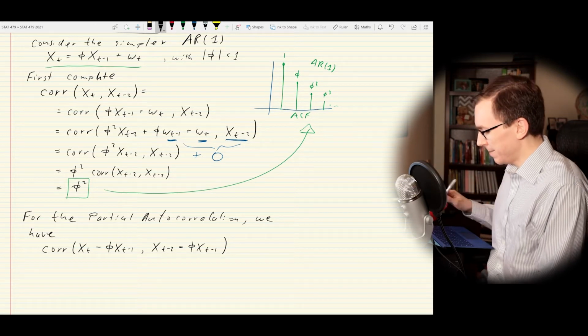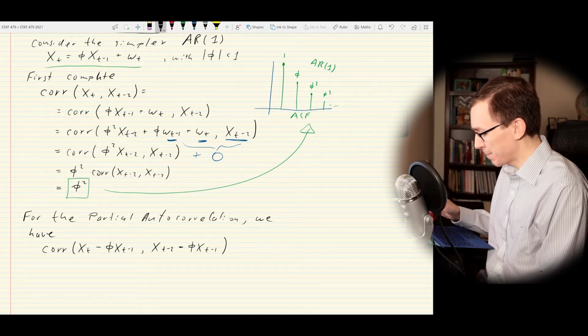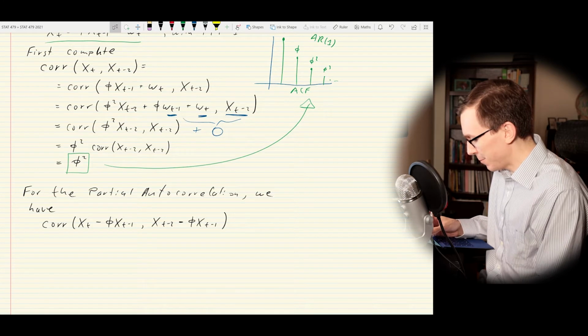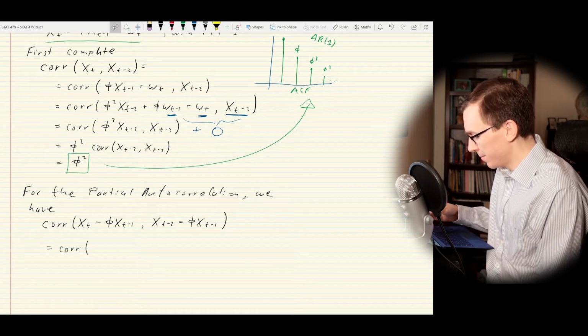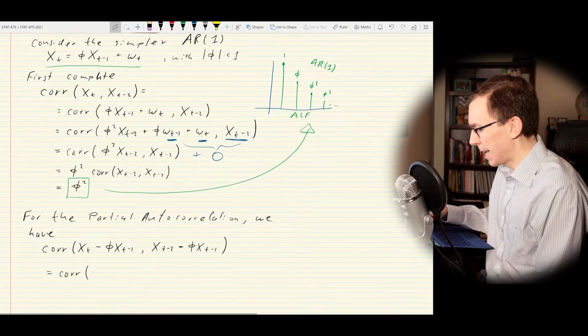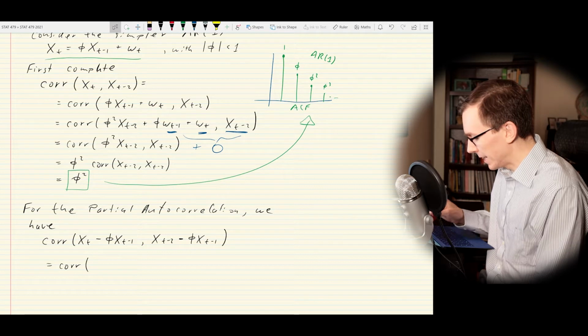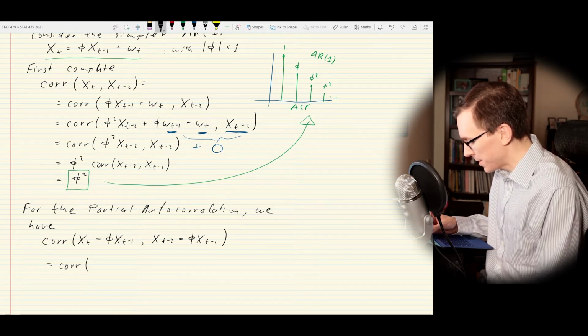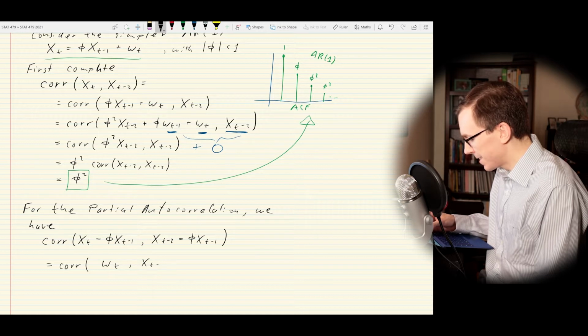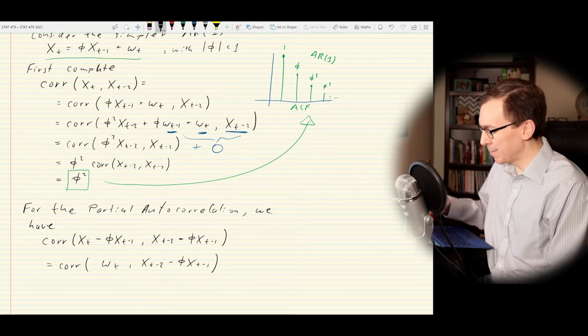Now, this is actually even easier than the previous one, because if we use the definition, the one that ran off the top of the page there, underlined in green, we know that this thing in the left argument is just white noise, WT. And we're not going to even bother touching the thing on the right-hand side, because it lies in the past of WT.